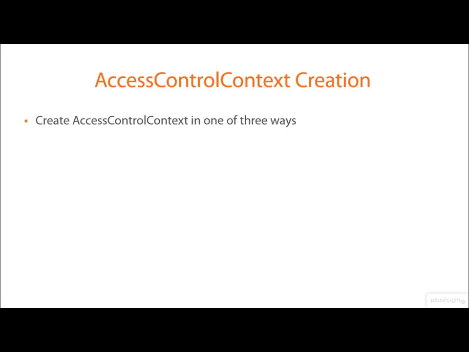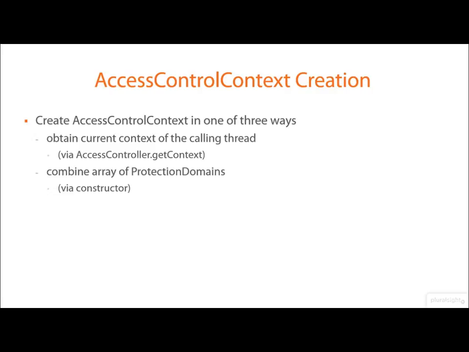So how do we get an access control context? Well, we can get one of these things in one of three ways. We can call access controller getContext, and that gives us the access control context of the current thread that we're running on. We can also do a new access control context and pass to it an array of protection domains, or we can create a new access control context and pass this something called a domain combiner.